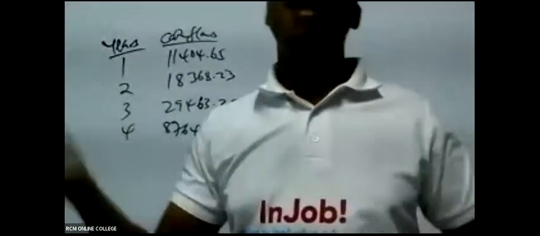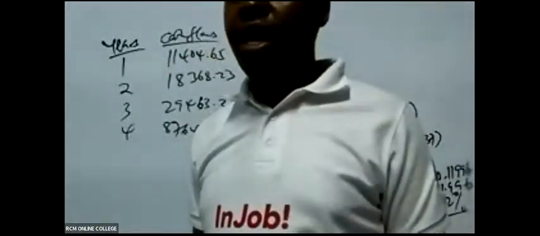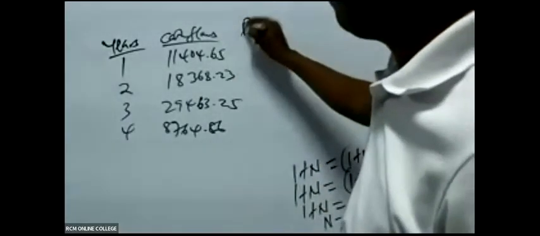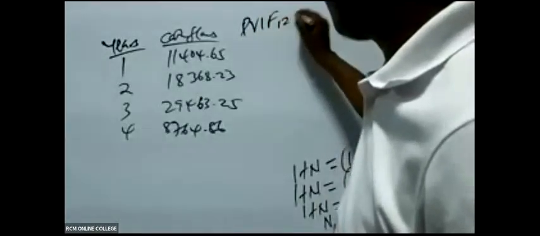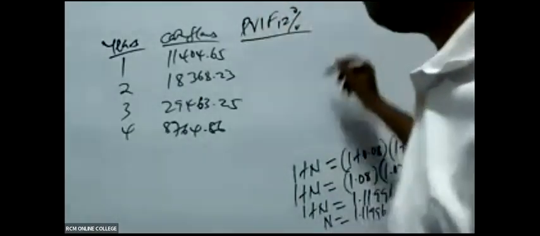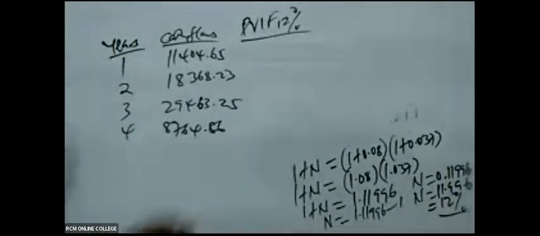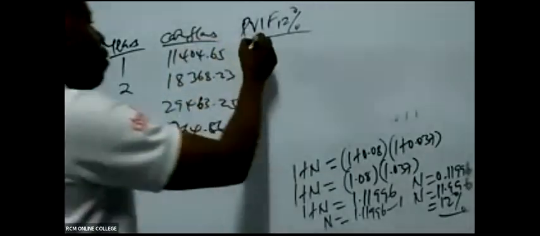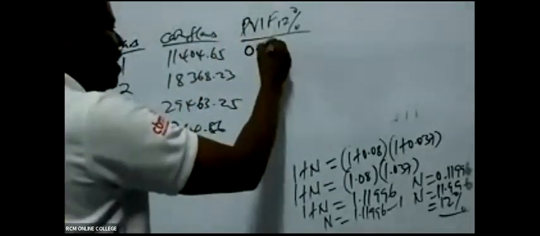But for this question, you should have just understood that we use the nominal rate to discount. So you just come here and say PVIF 12%. Can you give me PVIF 12% year 1? Is it 0.8929?